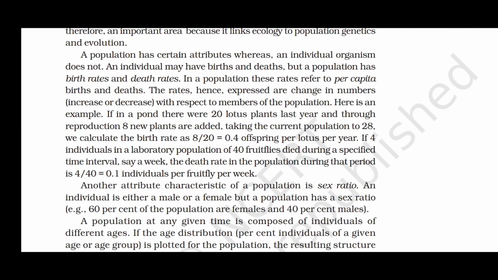If 4 individuals in a laboratory population of 40 fruit flies died during a specified time interval, say a week, the death rate in the population during that period is 4 by 40, which is equal to 0.1 individuals per fruit fly per week. Another attribute characteristic of a population is sex ratio.